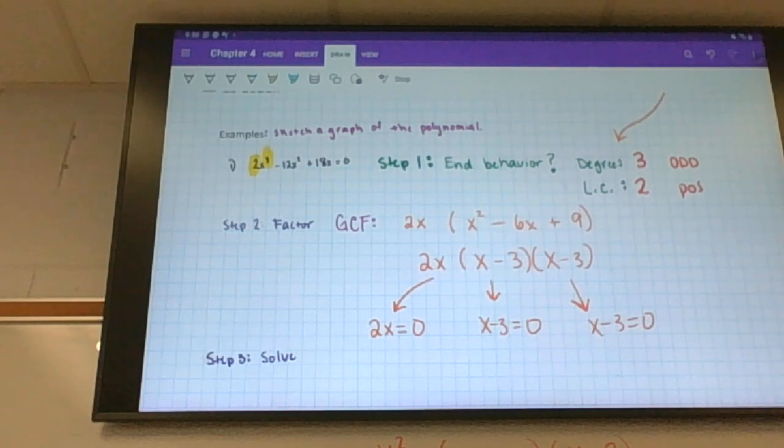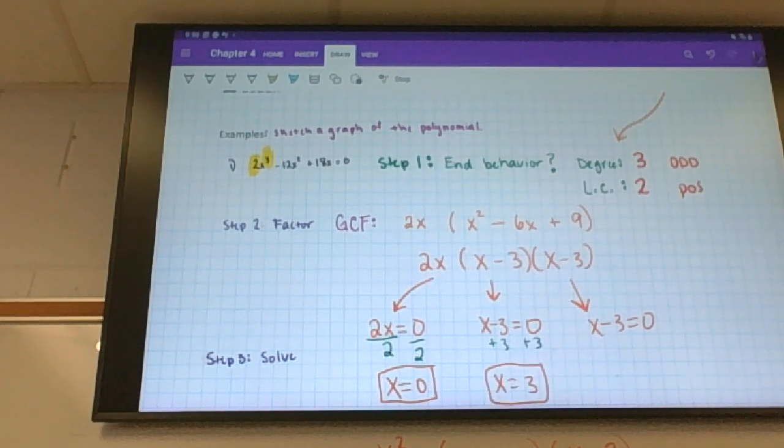So I'm going to divide by 2, and I get x equals 0, which is one of my x-intercepts, plus 3, and I get x equals 3. I'm not going to do it again. I'm just going to go ahead and say that this has a multiplicity of 2. So I'm going to have to touch and turn at the 3.